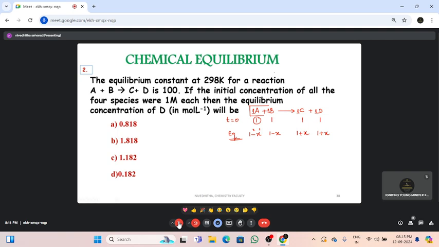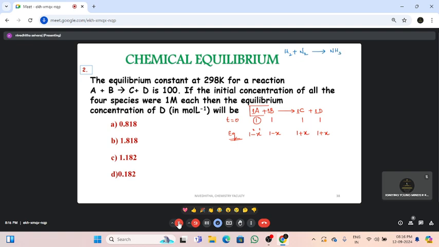What is Haber's process? Preparation of ammonia from? What is Haber's process? Haber's process is nothing but nitrogen and hydrogen will get combined together to give ammonia.